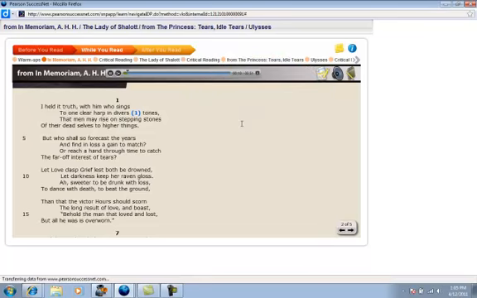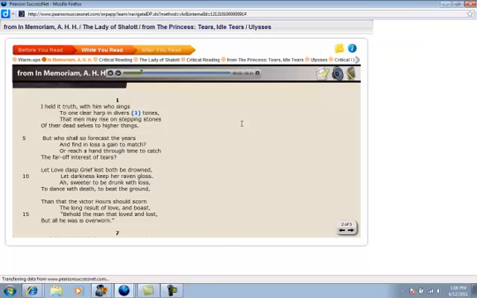1. I held it true with him who sings to one clear harp in divers tones, that men may rise on stepping stones of their dead selves to higher things. But who shall so forecast the years and find in loss a gain to match, or reach a hand through time to catch the far-off interest of tears?